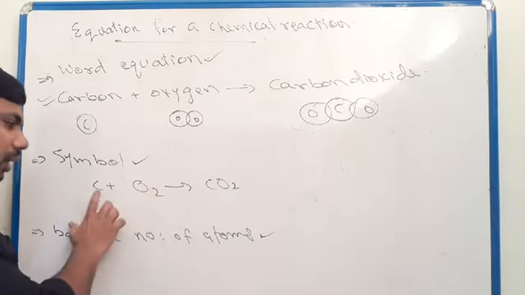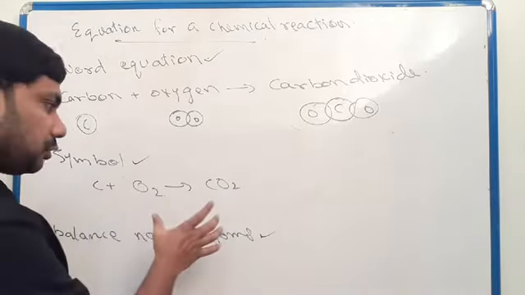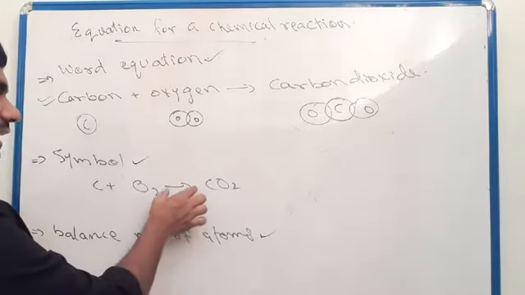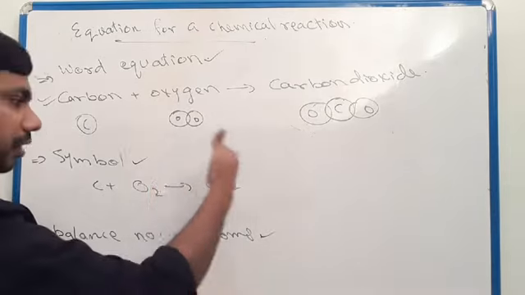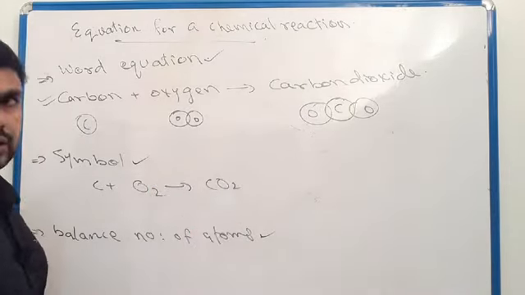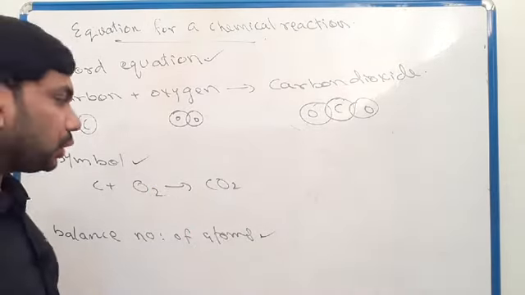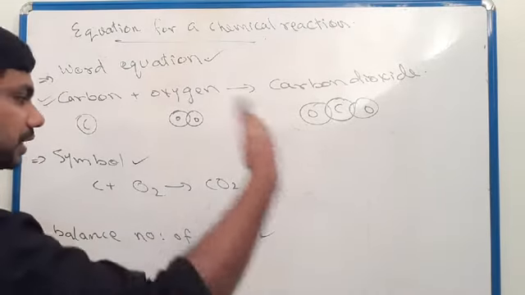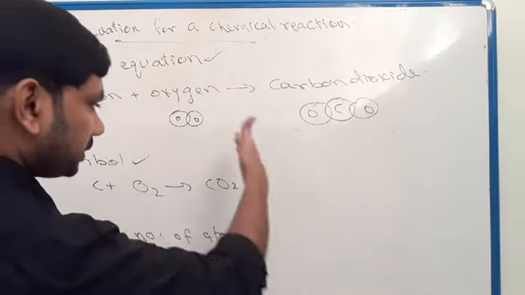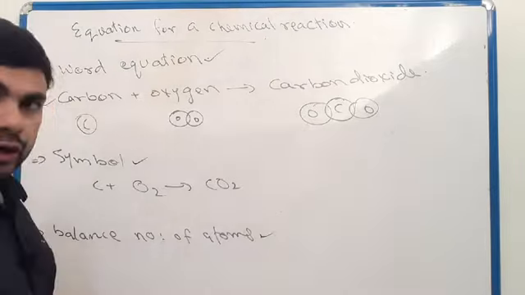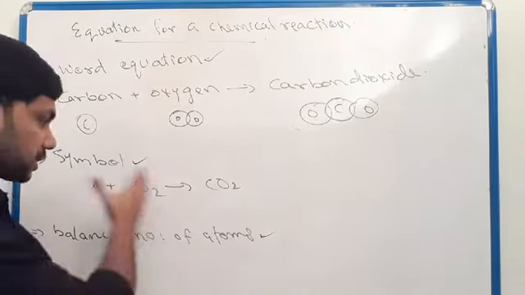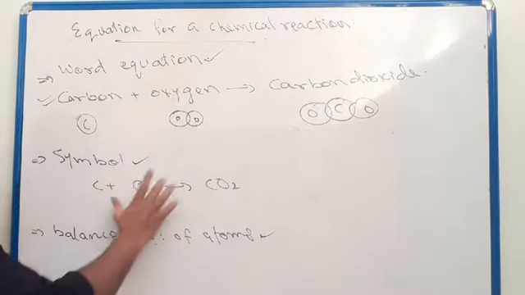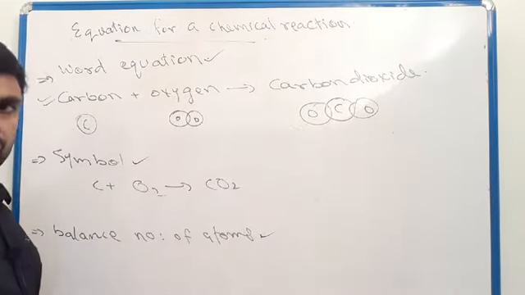In this chemical equation, here is the arrow mark. On the right side of the arrow always product, and on the left side always reactant.